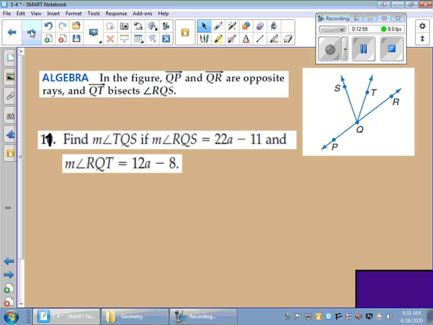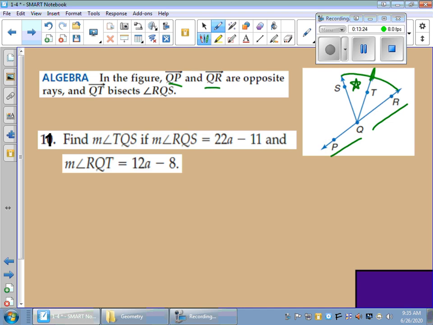Last example. I want to try one more, see if you can do this one on your own. Try it, and then you can compare with what I get. QP and QR are opposite rays, a straight angle, 180 degrees. QT bisects angle RQS, so there's RQS that is bisected.